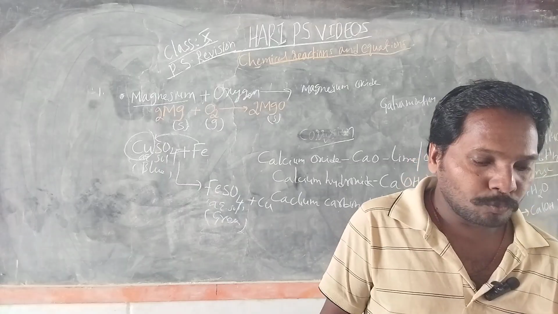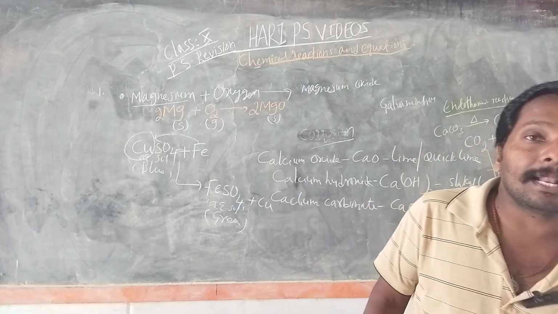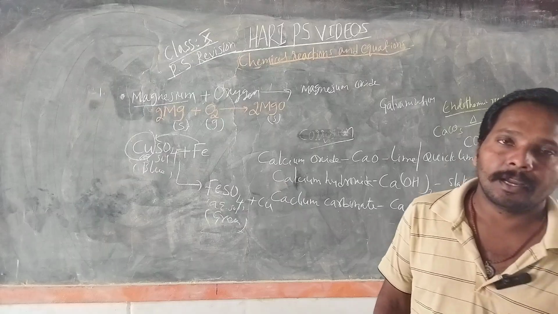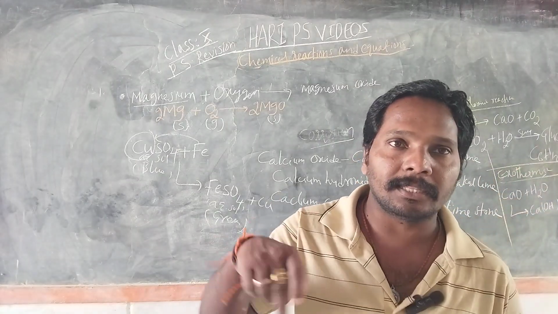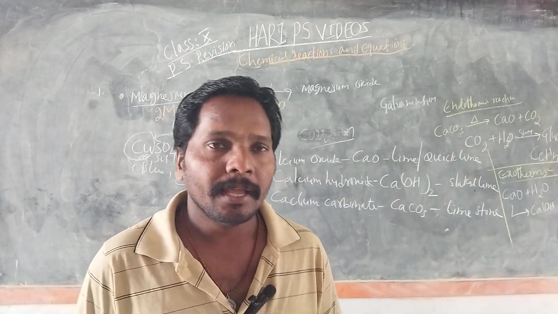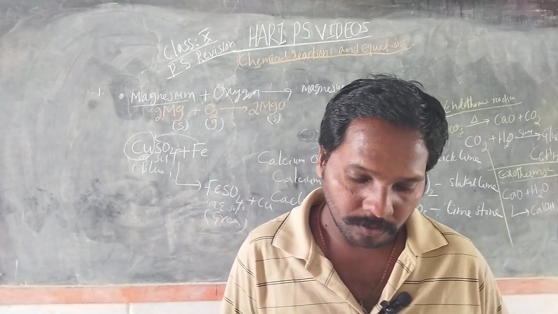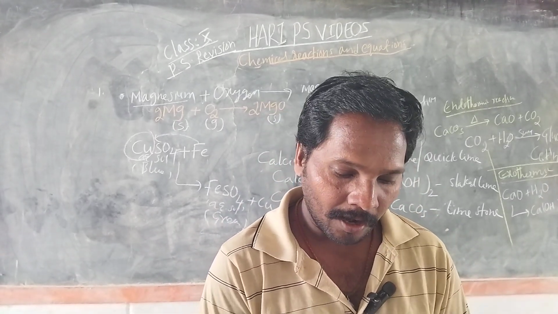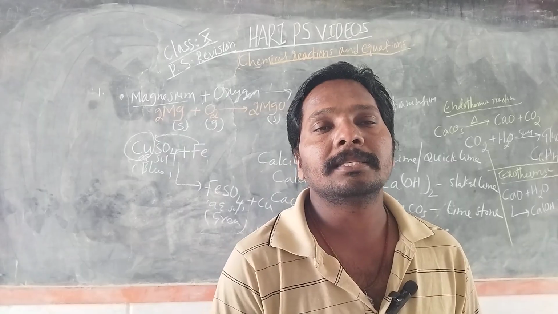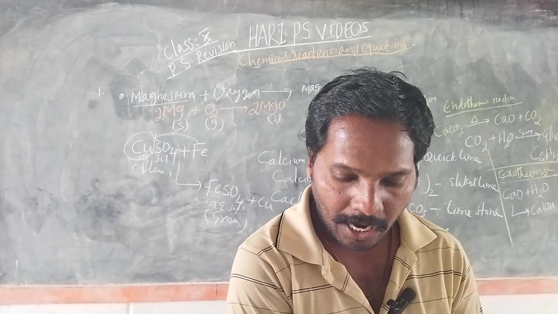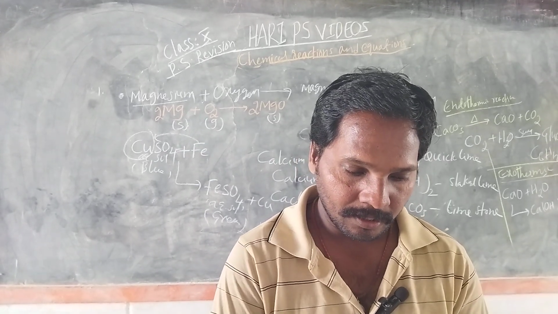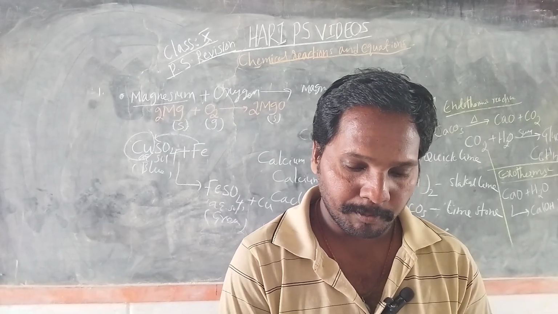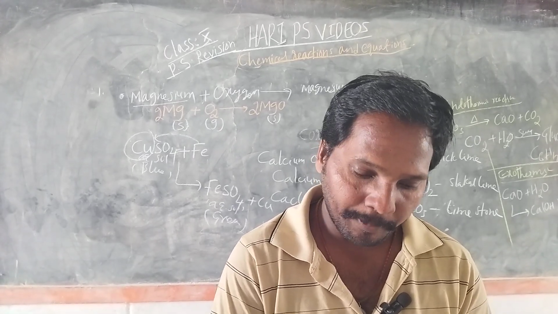Why can we not stir silver nitrate solution with a copper spoon? Because silver is replaced by the copper.